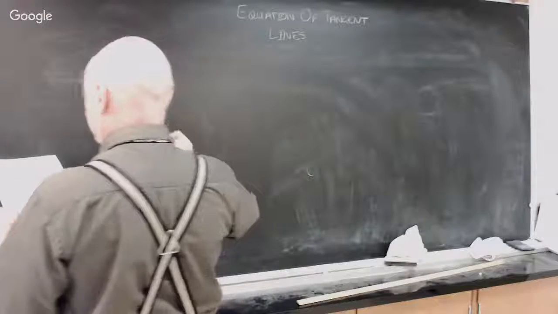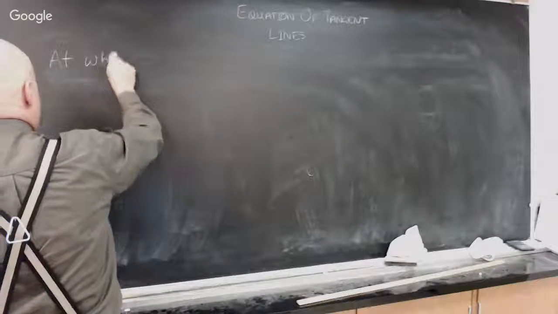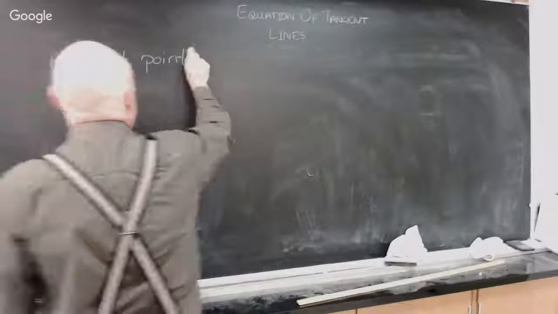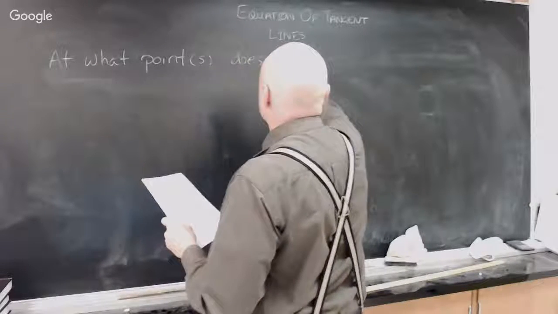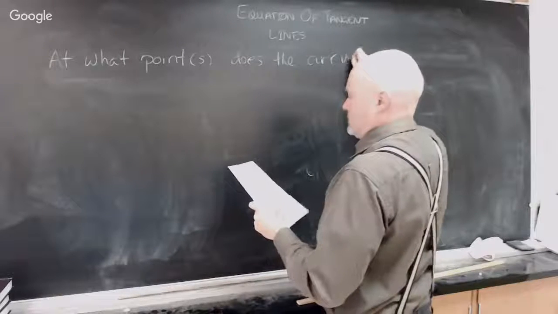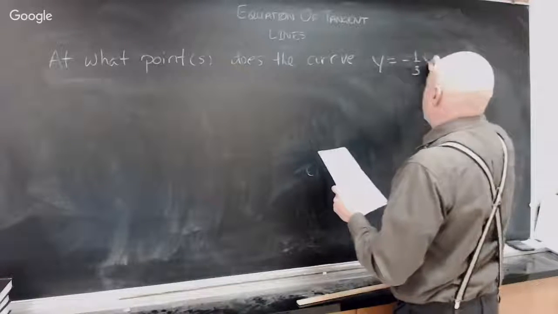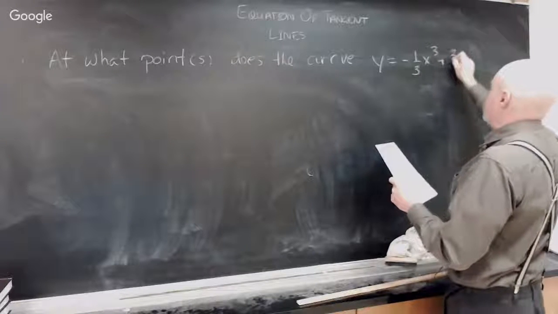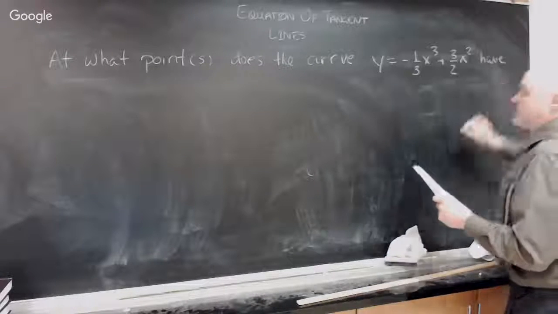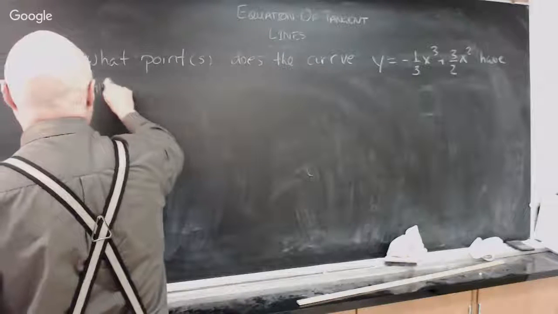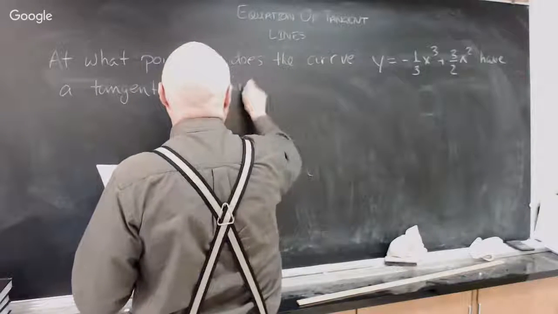This is my favorite kind of example because it's super hard to set these up. Notice that they say at what point, and then sneakily put the s in brackets, does the curve y equals negative 1/3 x cubed plus 3 halves x squared have a tangent with the slope of -4.